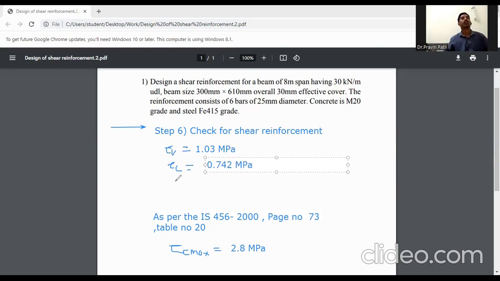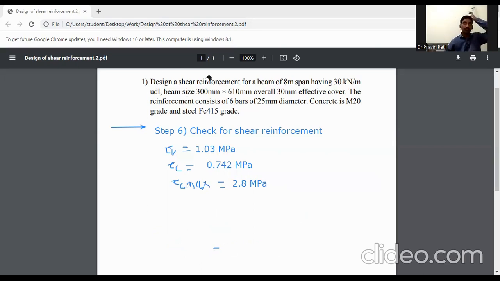Tau c max is 2.8 MPa. So just compare these values. Here tau V is greater than tau c, and tau c max is greater than tau V and tau c.